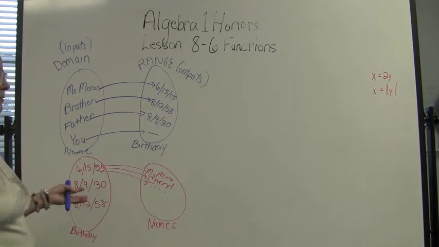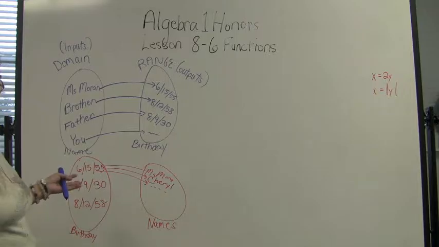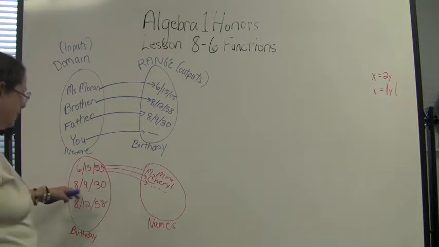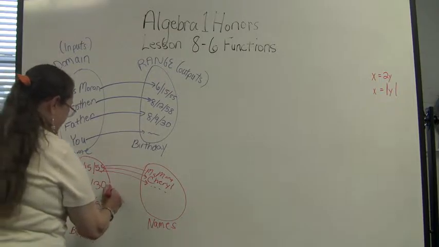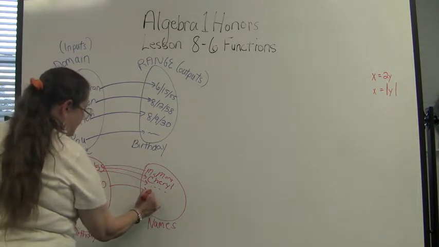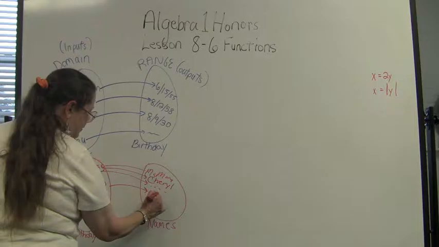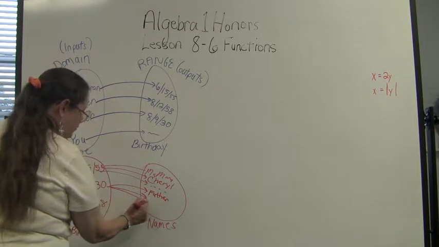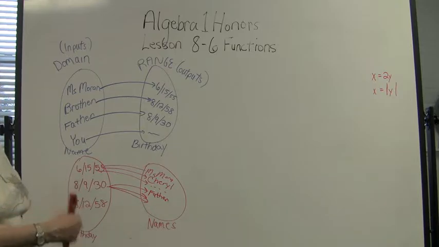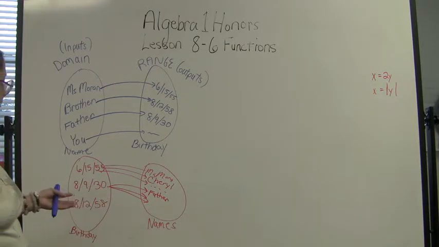And there are probably thousands of them, if not millions of them. Same thing here. If I put in my father's birth date, 8/9/30, then it's going to map to my father's name, but also to all of the other people who were born on that same day. Again, thousands at least.